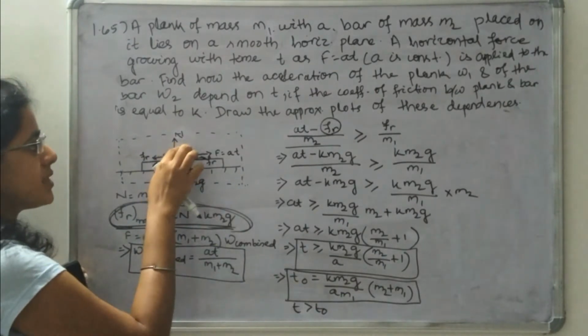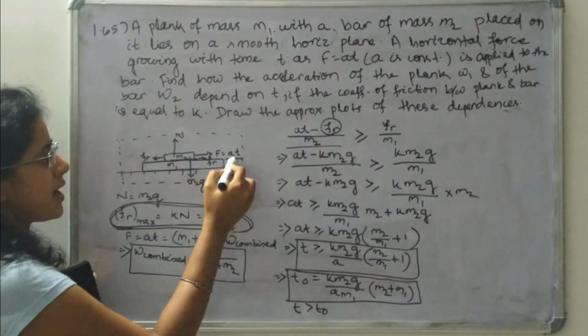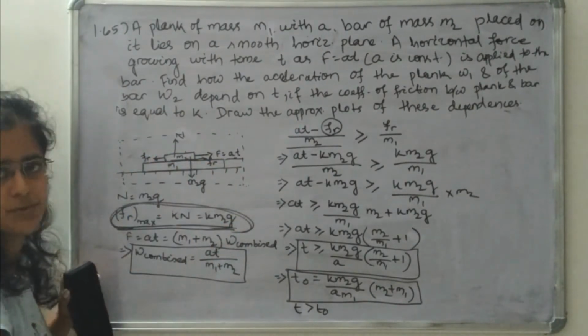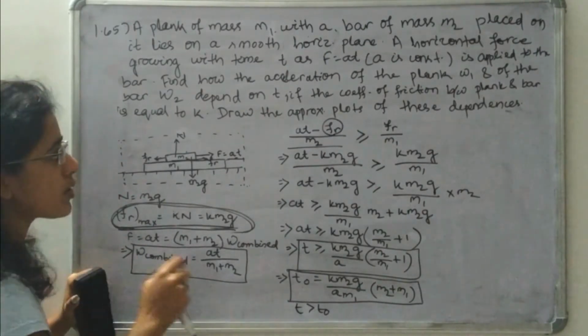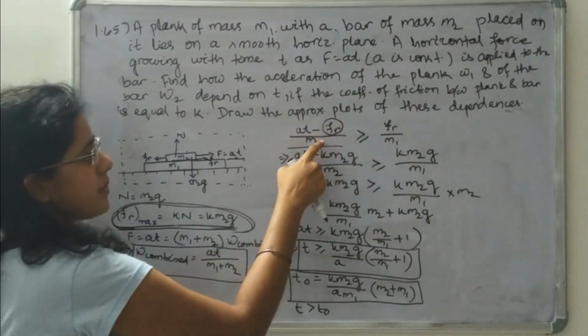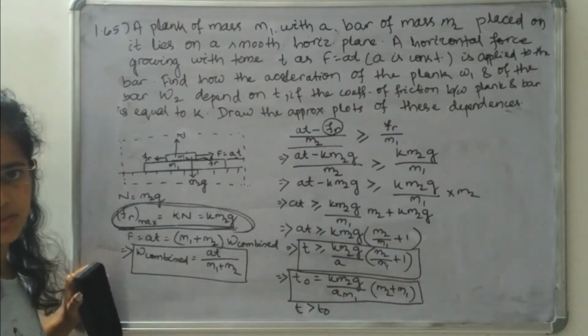The acceleration of this bar is greater than that of this plank, as the force is applied on this bar and the maximum frictional force has already been reached. So we have to calculate that time. How to calculate that time? A T minus Fr divided by m2 greater than or equal to this value for the ground observer.